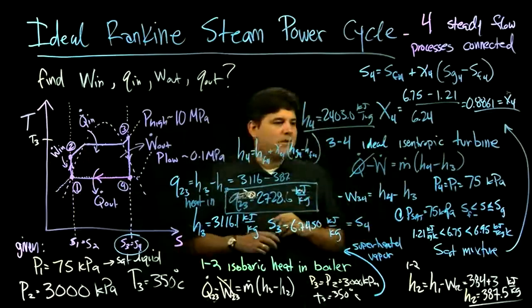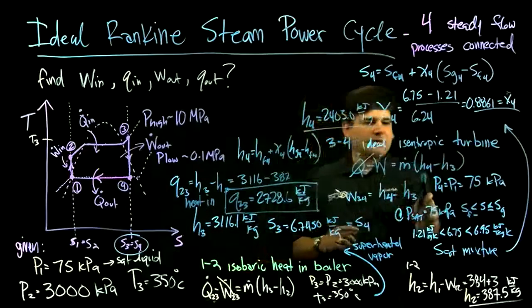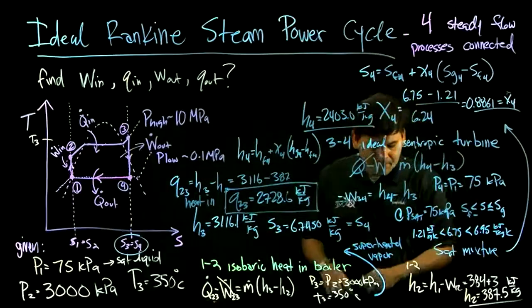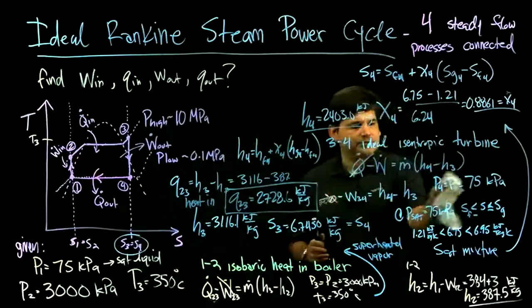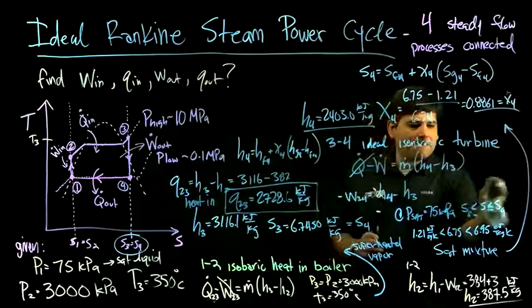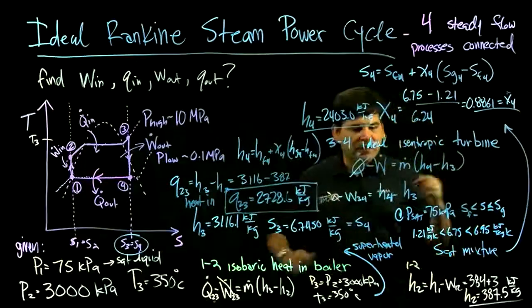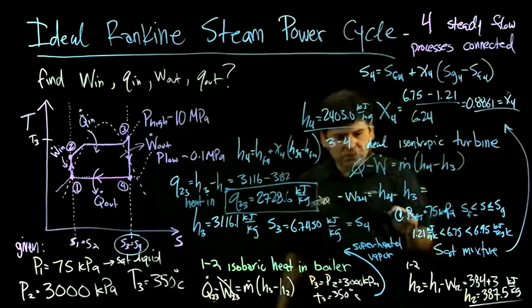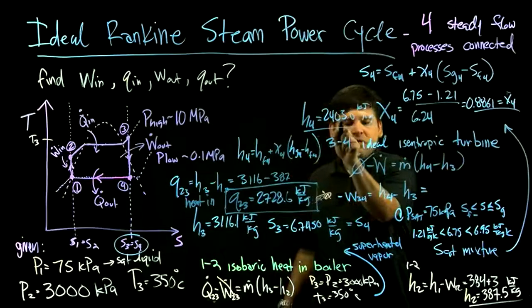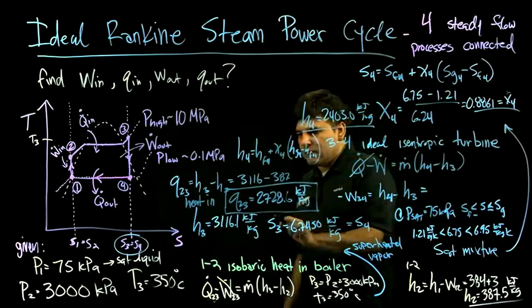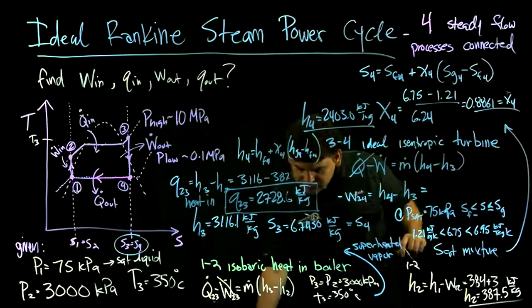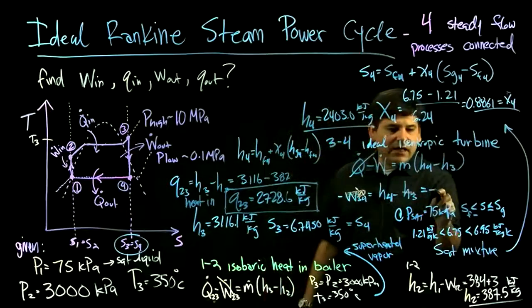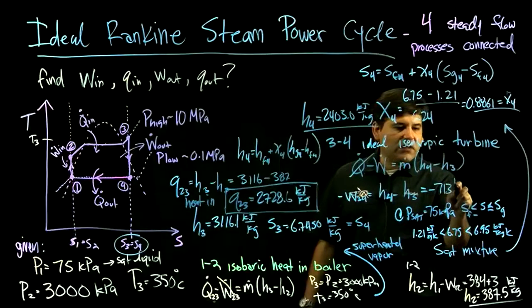Then, applying the first law here, that means that negative W, we know we just found H4, we knew H3, so H3 is bigger than H4, so that would give us a negative 713 kilojoules per kilogram.